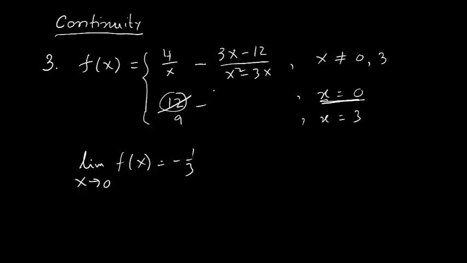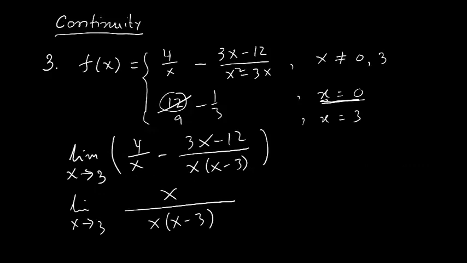If I just redefine my function here by negative 1/3, then this is continuous. When f of 0 is negative 1/3 as a value here, we can make the corrections. Then we say that the value of the function, negative 1/3, will make this function continuous at x equals 0. Let us look at what happens for x equals 3.